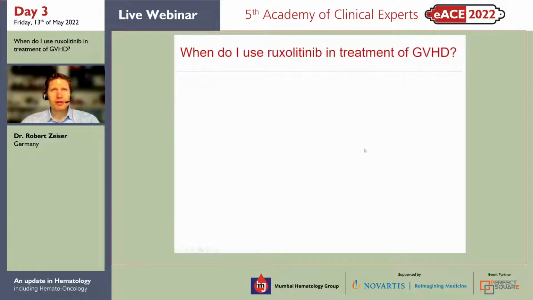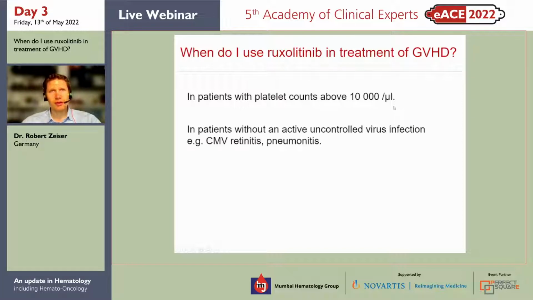So the question is, when do I treat patients with ruxolitinib when they have a GVHD? They need to have a platelet count above 10,000. That is required in my view because otherwise that predisposes them to bleeding. They should not have an active uncontrolled virus infection, like a CMV retinitis or pneumonitis, for example.